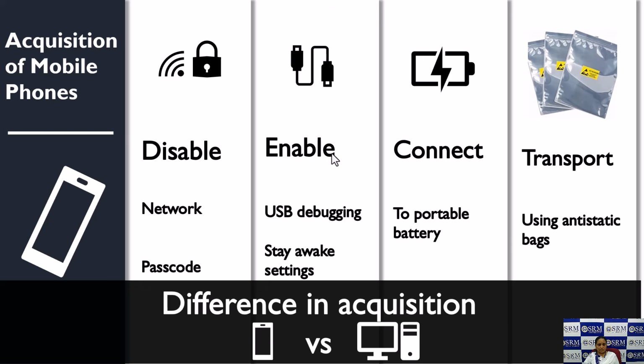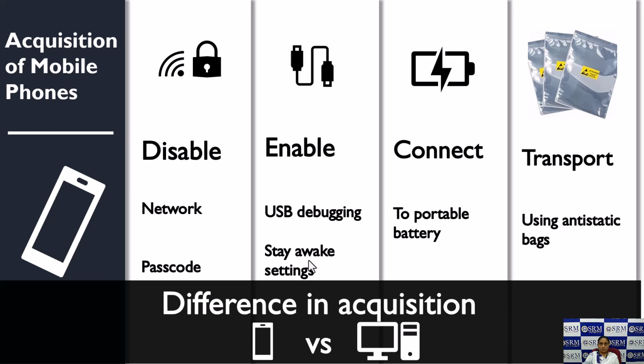So very, very important is to enable USB debugging and stay awake settings, right? Because if the phone goes into locked mode, getting the password from the suspect is very difficult. If they don't answer, what can we do? It will be time consuming, no? You may say that the password can be decrypted, yes, but it is very costly.